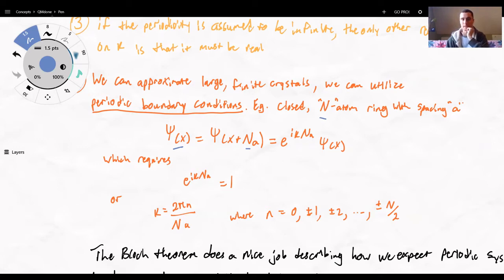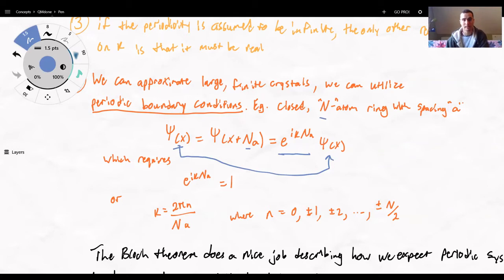So that gives us the form e to the i k N a times psi of x. Remember, this factor we've seen before, we've just now added this capital letter N. So that actually ends up requiring, note, that if this is going to be equal to this, the only difference here is this factor.